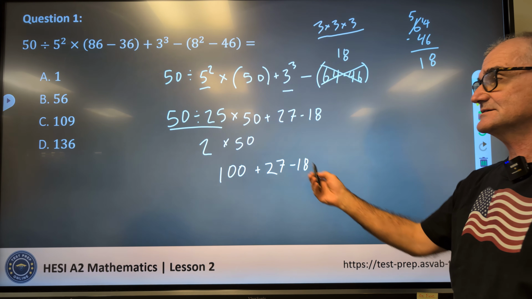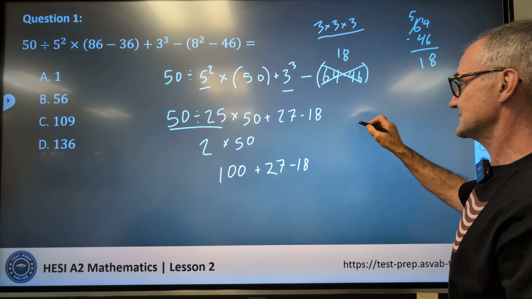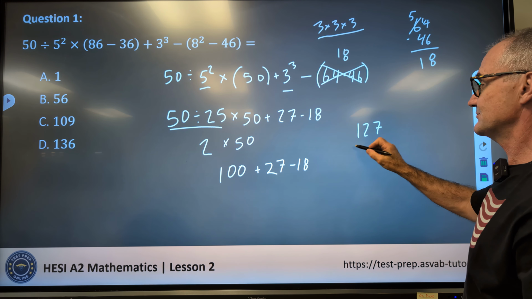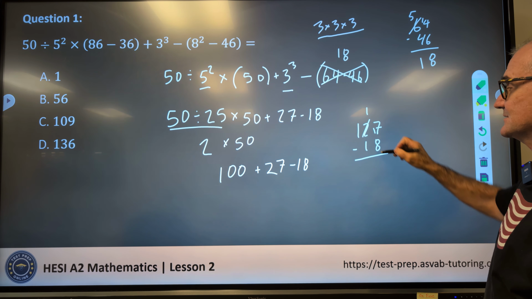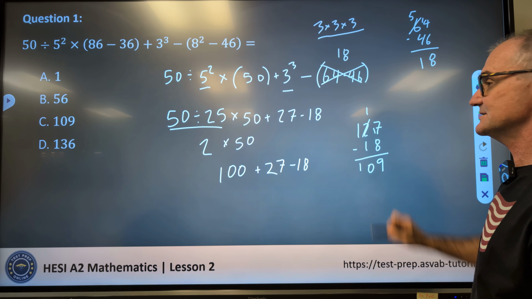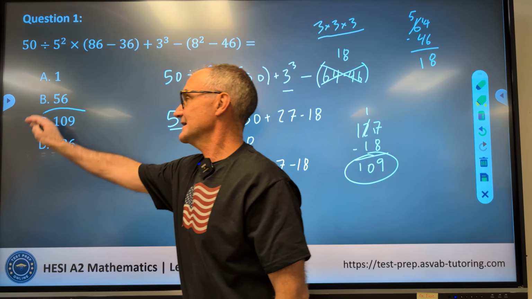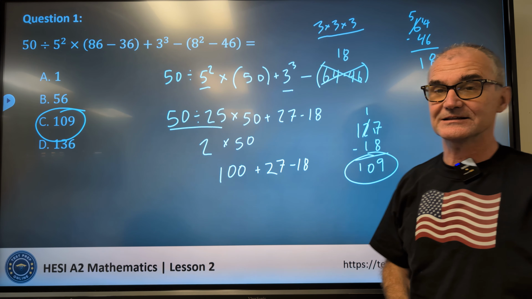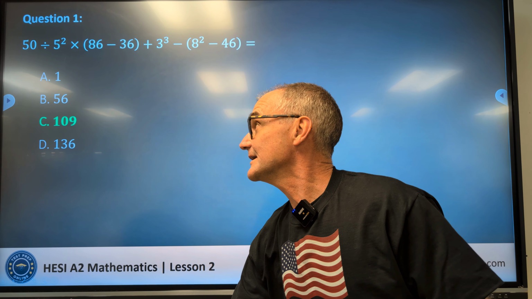Now I'm going to do my additions and subtractions from left to right. 100 plus 27 is 127, minus 18. I've got to borrow from here to get 17 minus 8, 9, 0, 109. Correct answer is 109. Answer C right there. Okay, I also have the answers there.